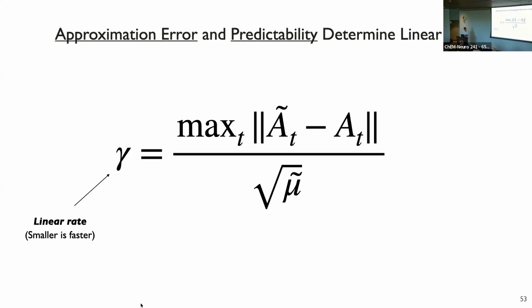Let's look at the numerator and denominator to better understand how approximation error and predictability impact the linear rates. This is the approximation error of the ungulate method. That's the A tilde denoting the approximation to the true linearized dynamics A_t. This is basically saying if there's a big error, gamma gets big, so we slow down.